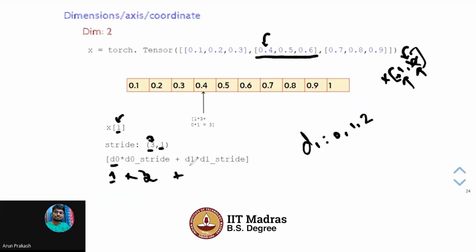So initially it puts the value 0 into d1, and the stride value is a constant, which is 1. So now it goes here, 0.4. Then it will change the value of d1 to 1, so it goes to the next element, and then it changes the value of d1 to 2, then it goes to the next element.